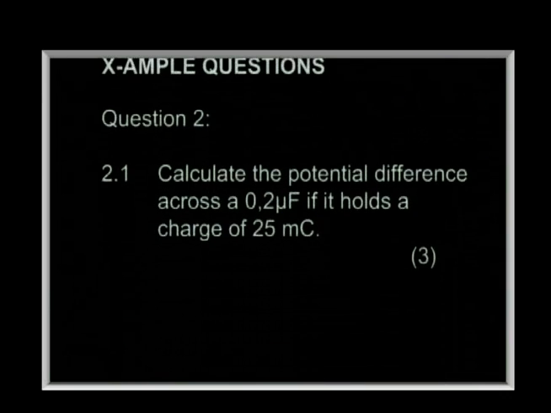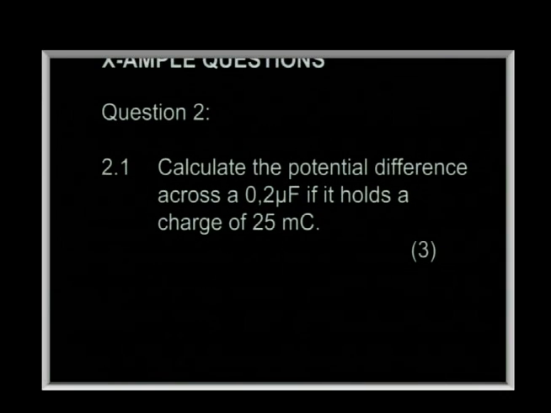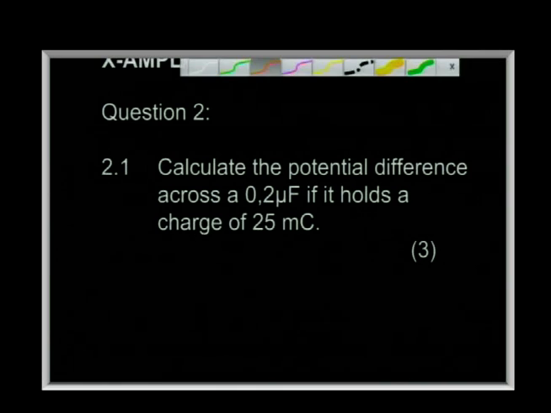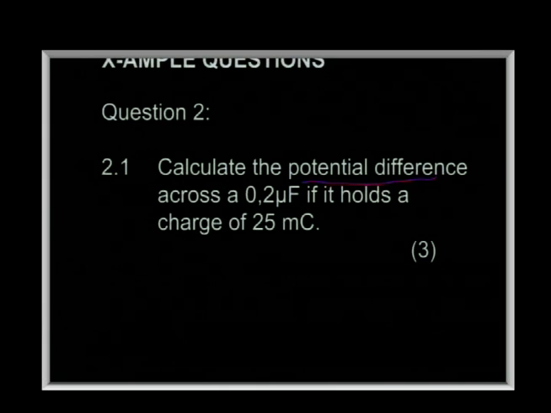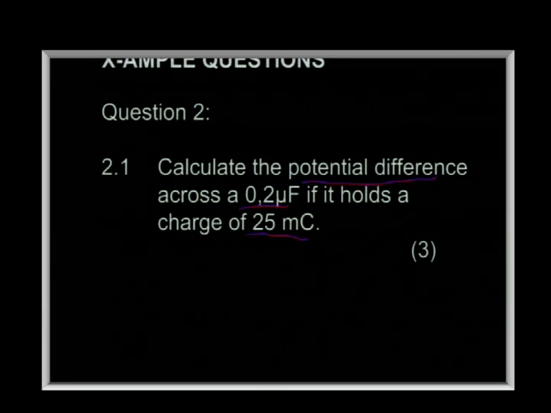Right, what about our next question? Let's go to it. Question number 2. And here we've got another interesting idea that comes up, and we're going to have a careful look at it. It says calculate the potential difference across a 0,2 microfarad capacitor if it holds a charge of 25 millicoulombs.